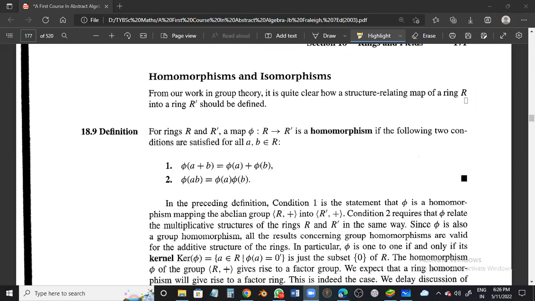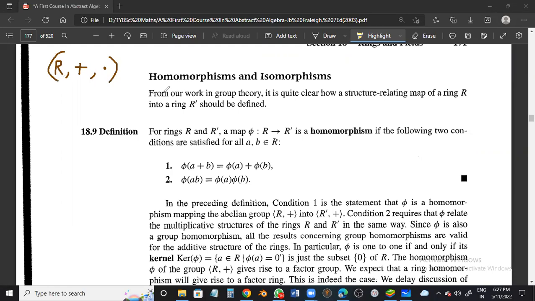We are in ring theory. So basically, a ring is a structure where one set and two operations are given, R along with addition and multiplication.